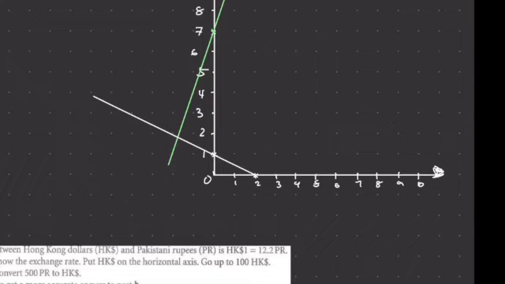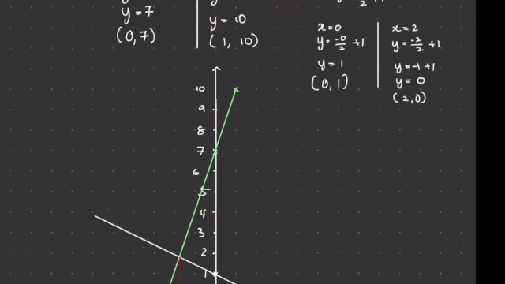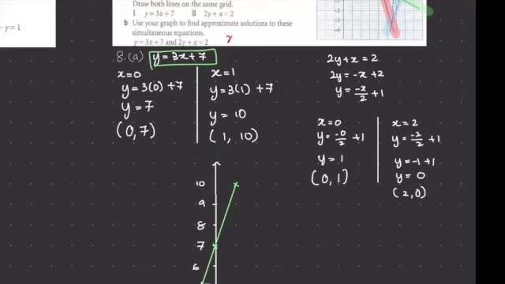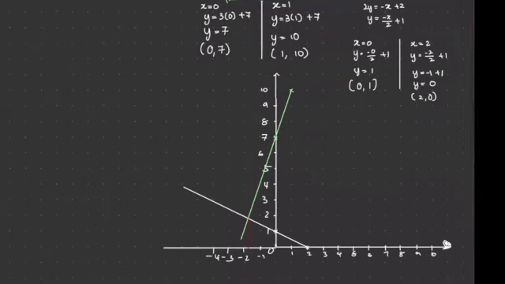So I need to extend this line here. This is where they meet. And I need to find the value for this one. Could be just x equals to -1. That is the solution.